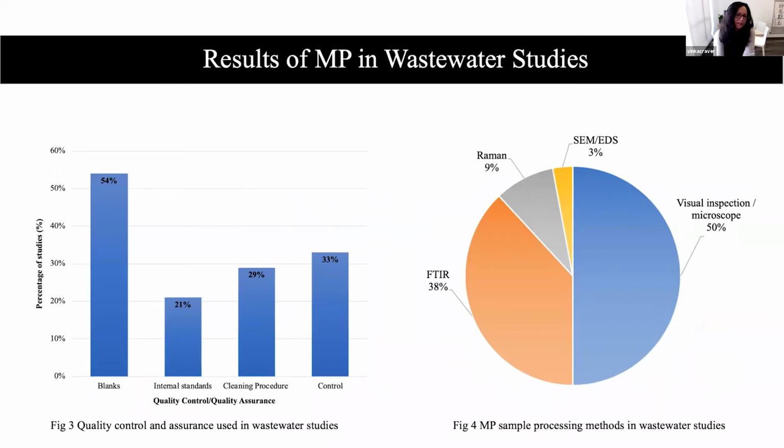Another important thing we noticed is that several studies did not have appropriate quality control or quality assurance systems. As you can imagine, microplastics are everywhere. Not to freak you out, but you are breathing microplastic right now, either from the clothing you have on, or shedding from the paint in your room.